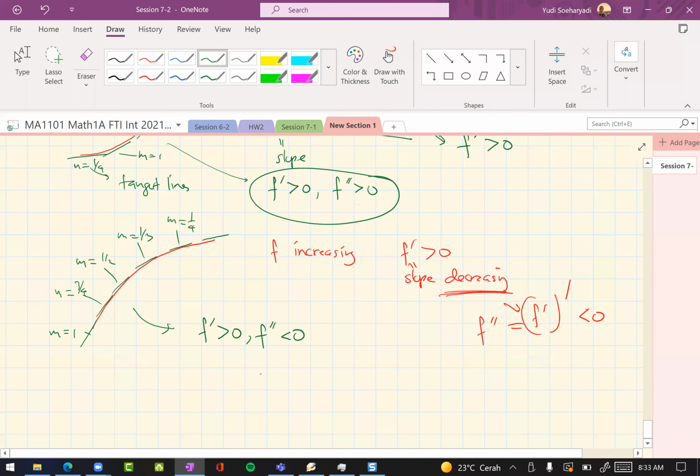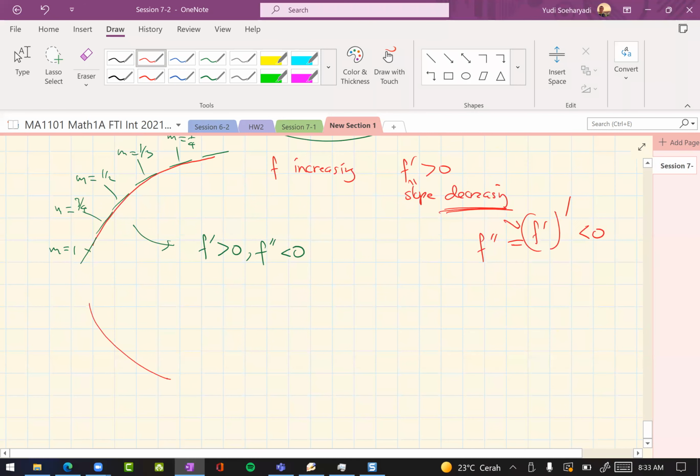Okay. Let's do this one here, the shape. So in this case, f is decreasing. So it means that f prime is negative.